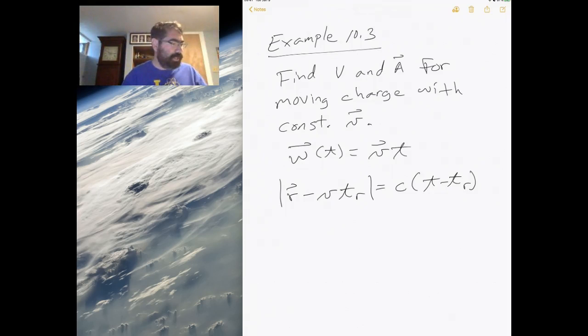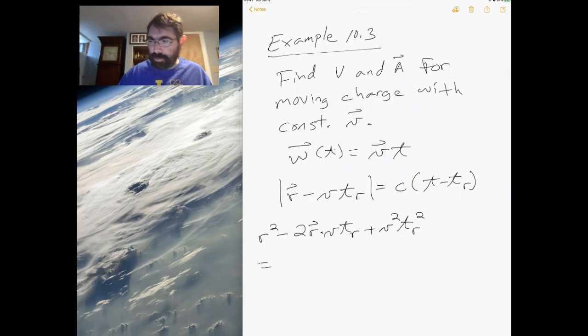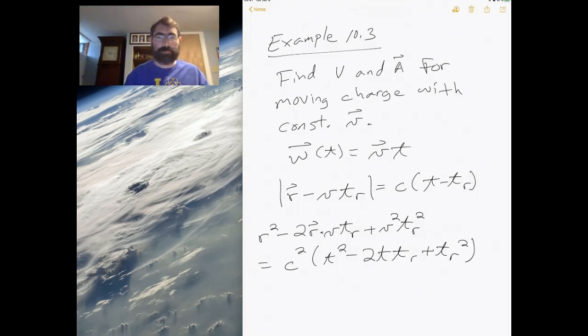So if I work out the absolute value, what I would get is r squared minus 2 r dot v t_r plus v squared t_r squared, and that's equal to c squared t squared minus 2 c squared t t_r plus c squared t_r squared. Okay, solve for t_r.